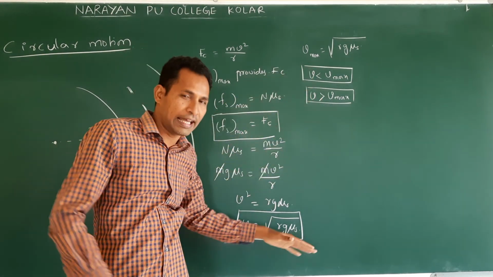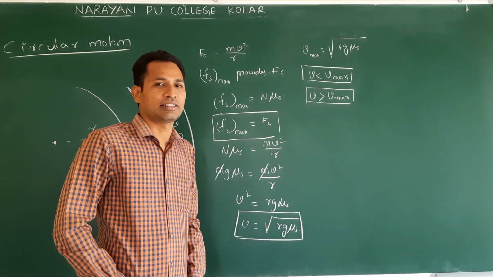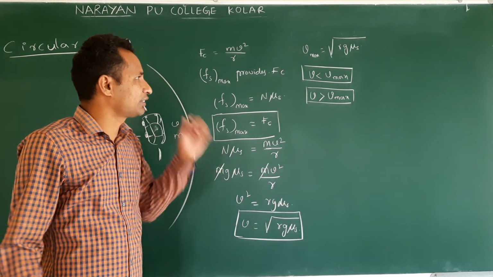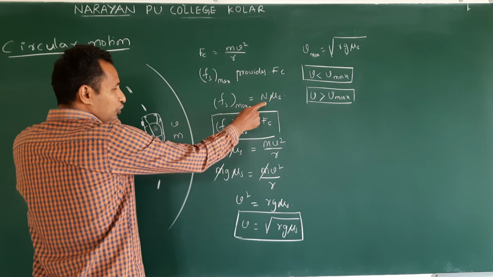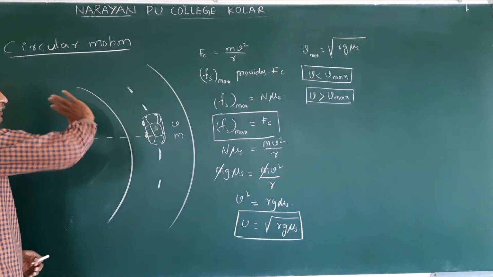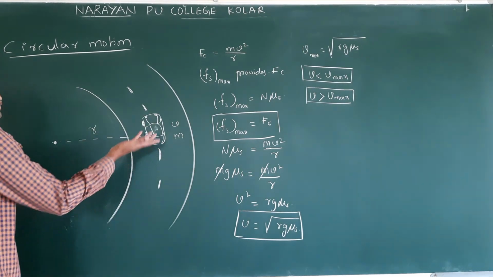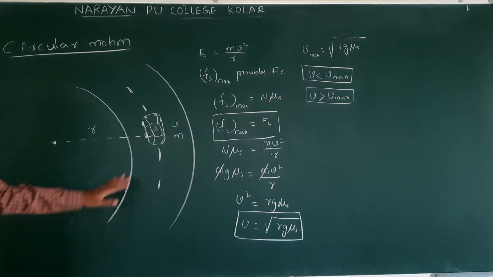Instead of taking a narrow turn, they construct the road with a large radius, right? Reason: if you move with a high velocity, centripetal force dominates. Then what happens? The vehicle will overturn. It will become upside down. Understand? So this is the reason.